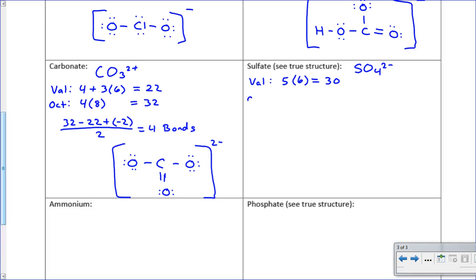Then for octets, there are also 5 atoms, none of them hydrogen, so they all want 8 for their octets. And that tells us that we would need 40. So then we do 40 minus 30 plus the charge, which is negative 2, over 2. We end up on this one getting 4 bonds.